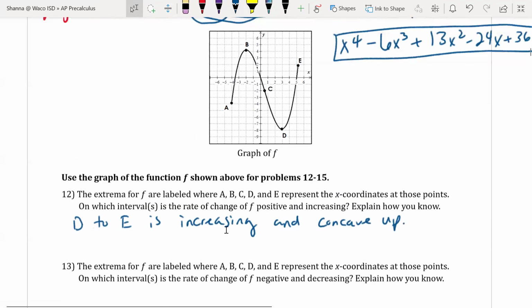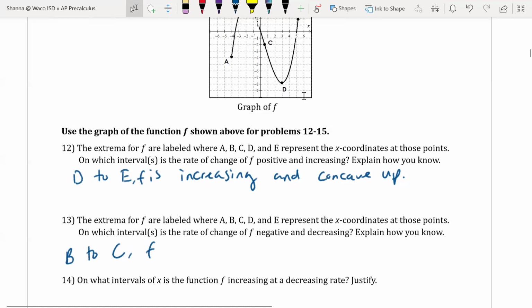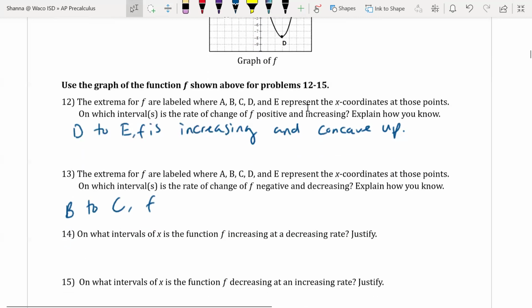B to C. C to D. So C to D is concave up. Yeah, C to D is concave up. But because we're negative and decreasing, we need to be concave down.